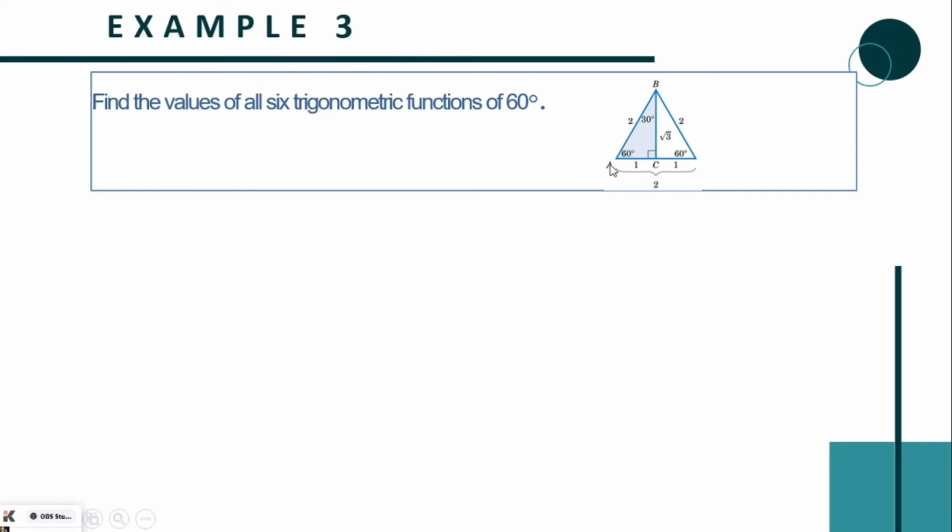So this side here, side AC, is equal to 1. And if we're going to look for this side, we just have to recall our knowledge again in Pythagorean theorem. So we'll get square root of 3. So this is the solution. I mean, this is how we've got square root of 3 here.